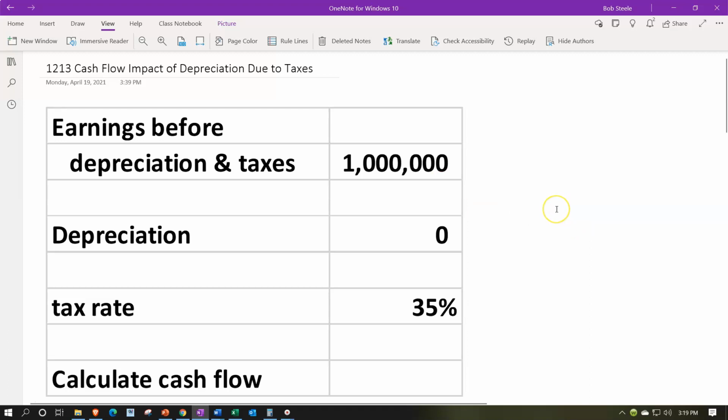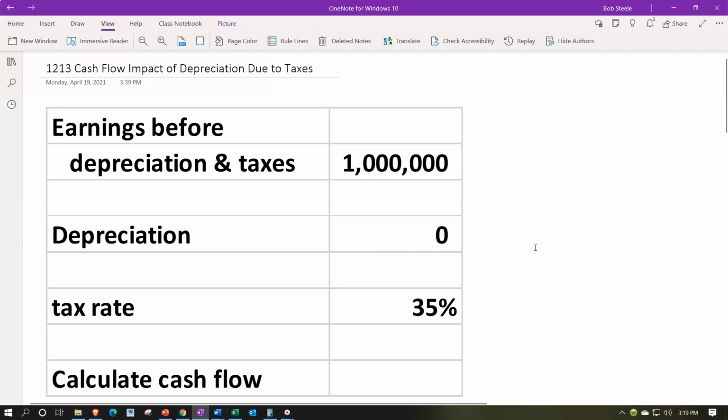When we're thinking about financial reporting, we want to be matching up the depreciation when it's consumed to when it has been used. So normally we would remove it for a cash flow calculation. However, there is a cash flow impact due to the fact that if that depreciation is taxable, then we need to take into consideration the tax impact, which will be a cash flow impact.